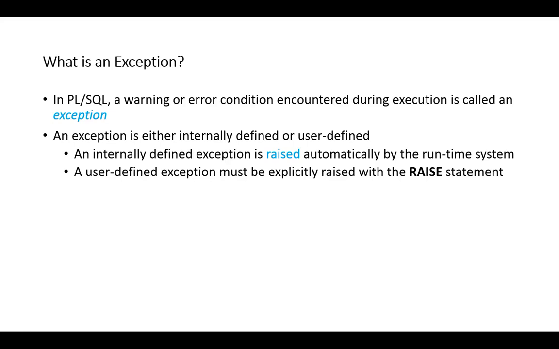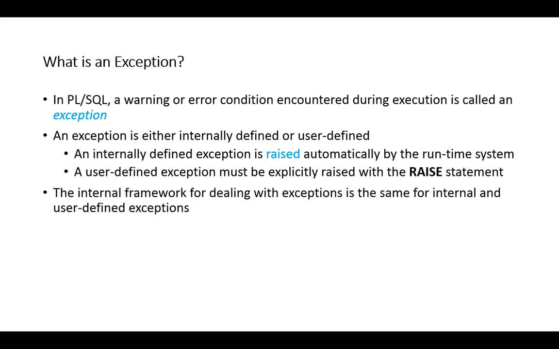These exceptions are generally used to deal with the violation of a business rule, and such errors could be the result of, say, overdrawing an account, resulting in a negative balance, or detecting some kind of an expired date. The internal framework for dealing with exceptions is the same for both the internal or predefined exceptions and the user-defined exceptions.